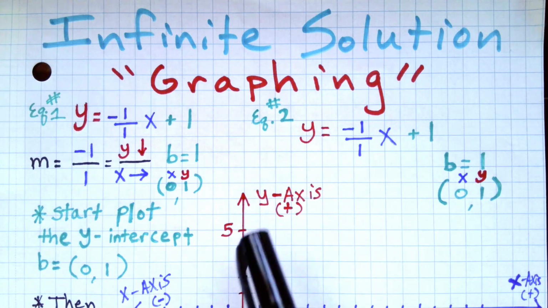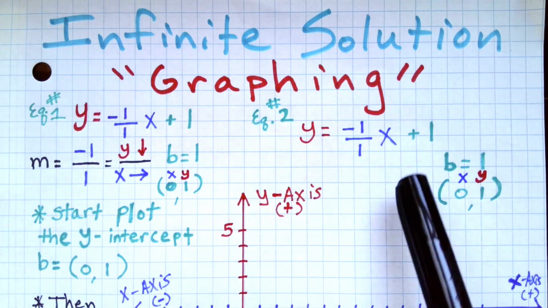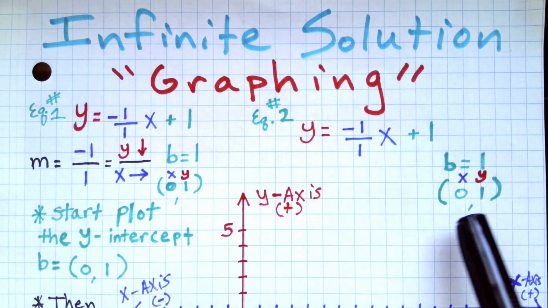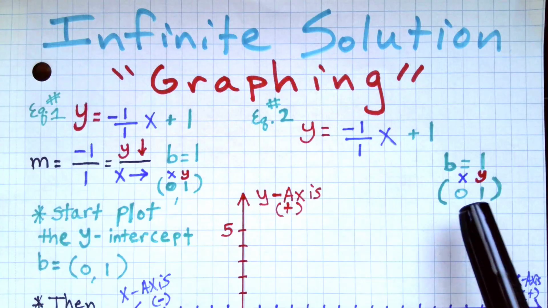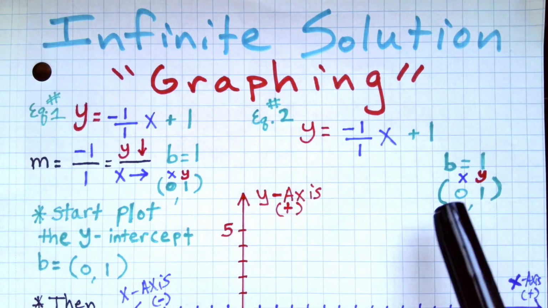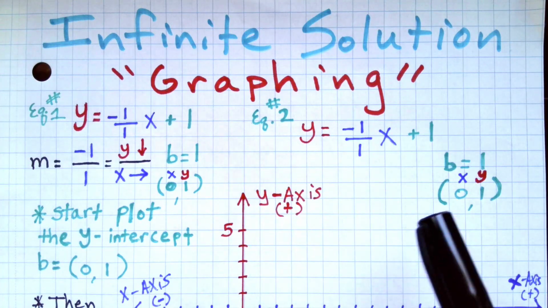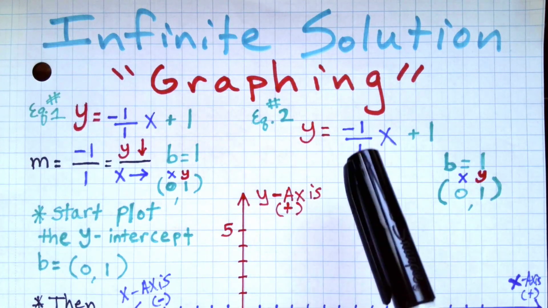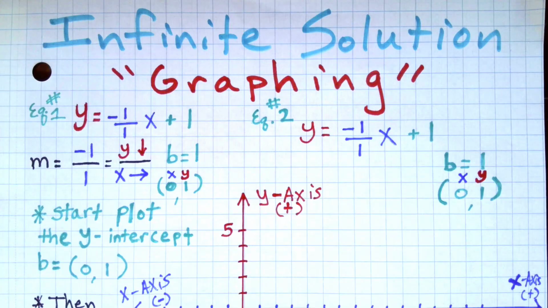For equation number 2, it looks like my b value is 1, so x is 0, y is 1. That's the very first plot point for equation number 2. Then from there, I'll follow the slope, y over x.